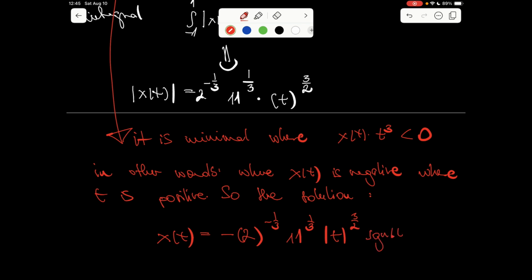And the signum function of t. So where t is positive, its signum is positive, but xt has the opposite sign. And this is the solution to the problem.